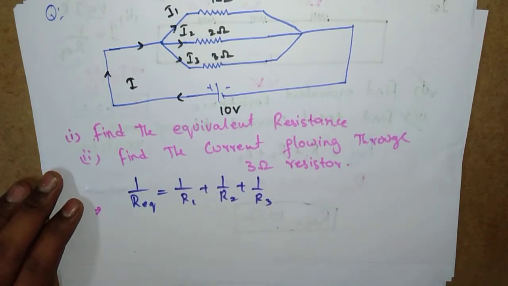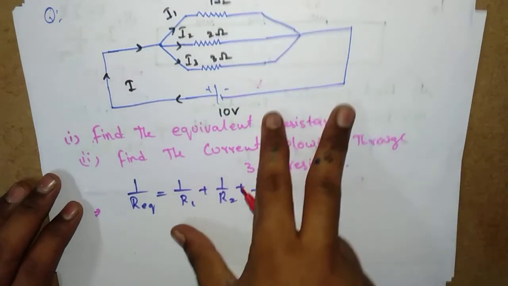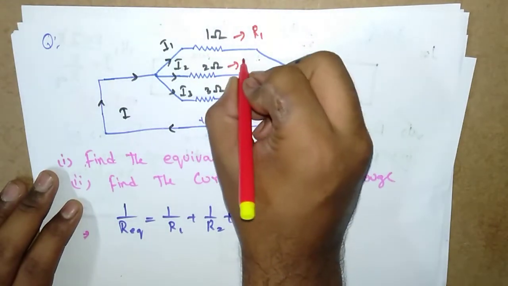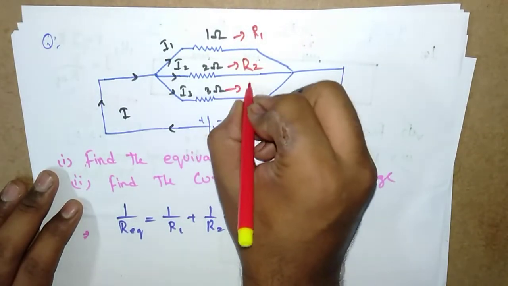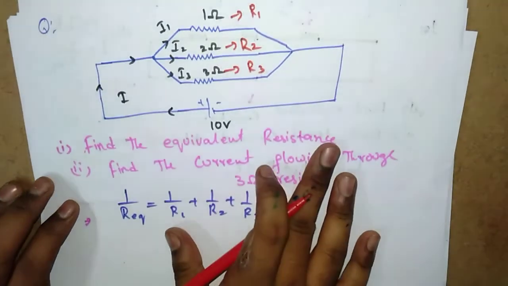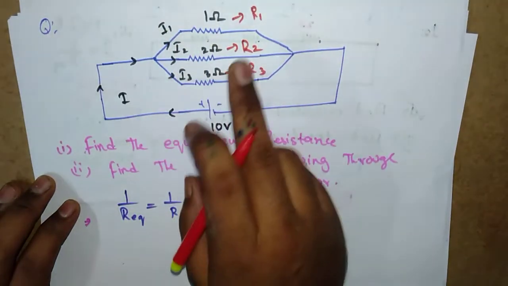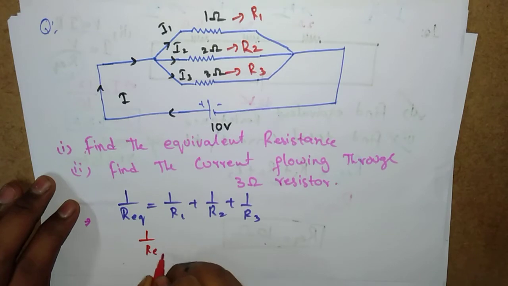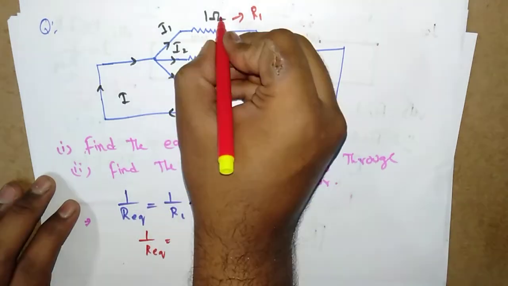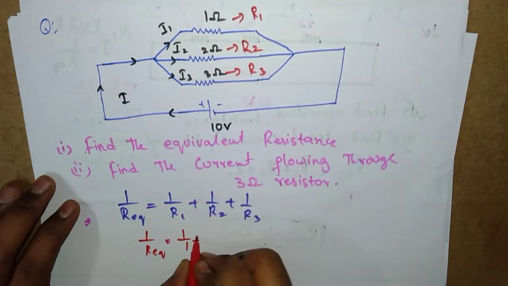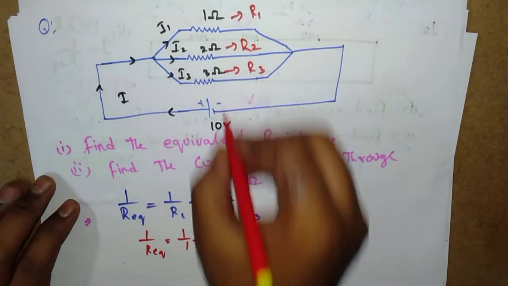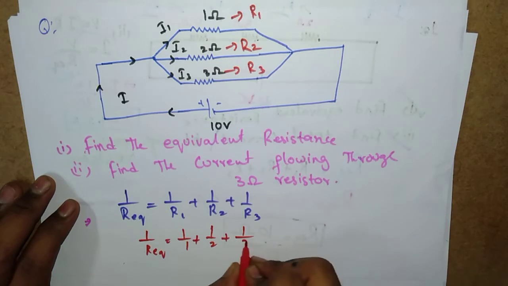Consider this as resistance R1, this as R2 and this as R3. This is the parallel connection, so 1 by R equivalent is equal to 1 by 1 plus 1 by 2 plus 1 by 3.